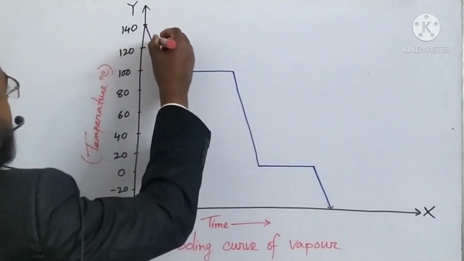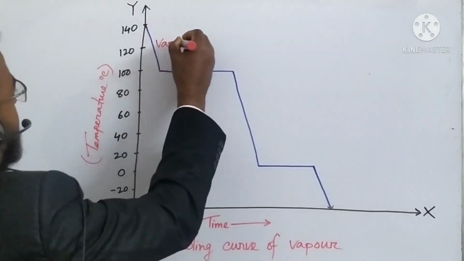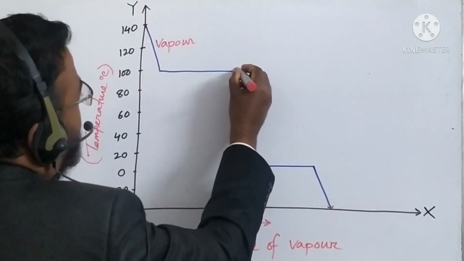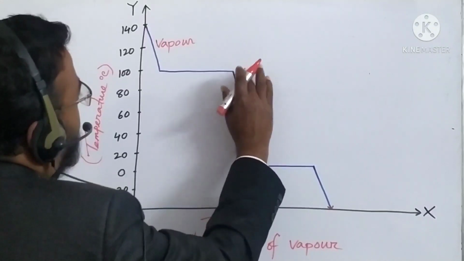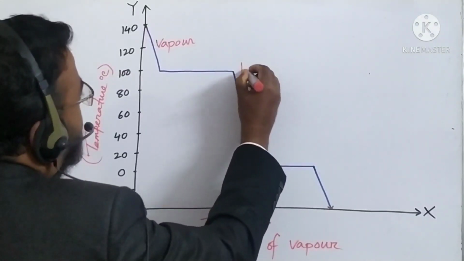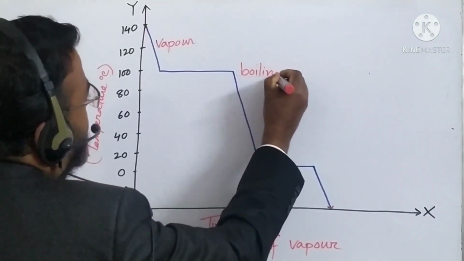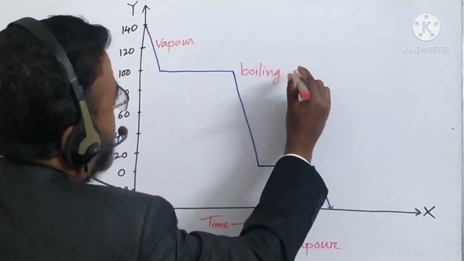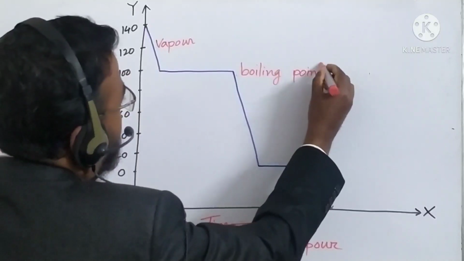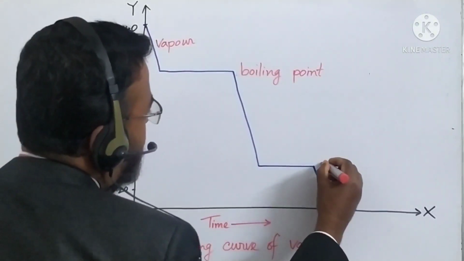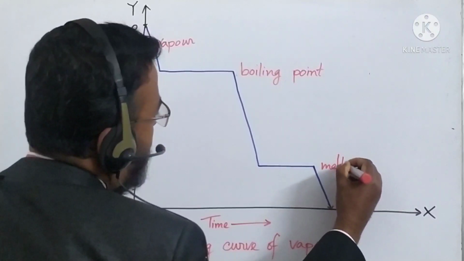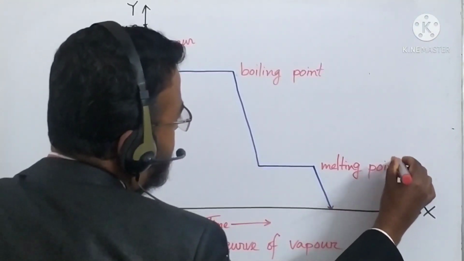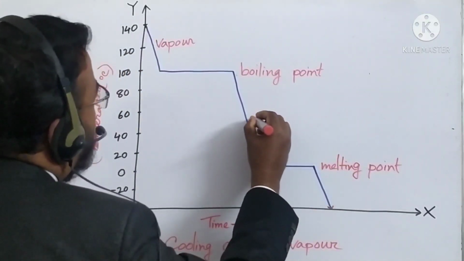From 140, this is the vapor condition I have shown, and at 100 degrees this is the boiling point, and this is the melting point, 0 degrees, and this is water.